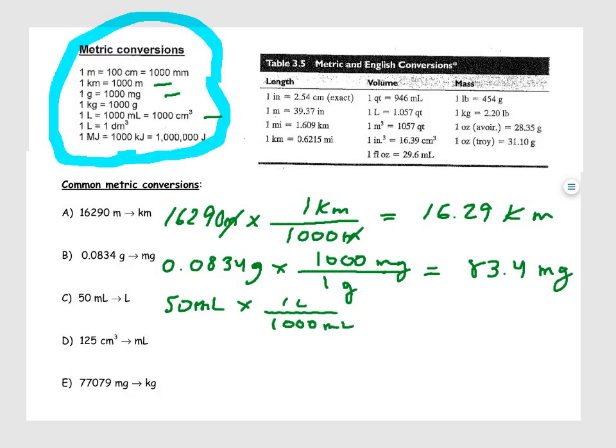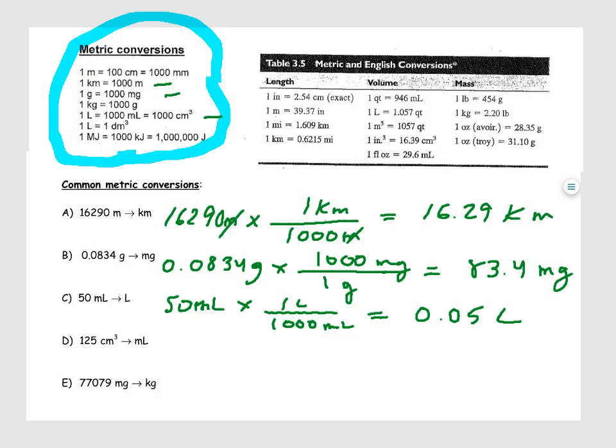So you're going to divide by 1,000 or move the decimal 3 places to the left. It's going to put you at 0.05. And you technically should have only 1 significant digit in your answer, because there's only 1 in the question. 50 is only 1, so that is your answer, 0.05 liters.